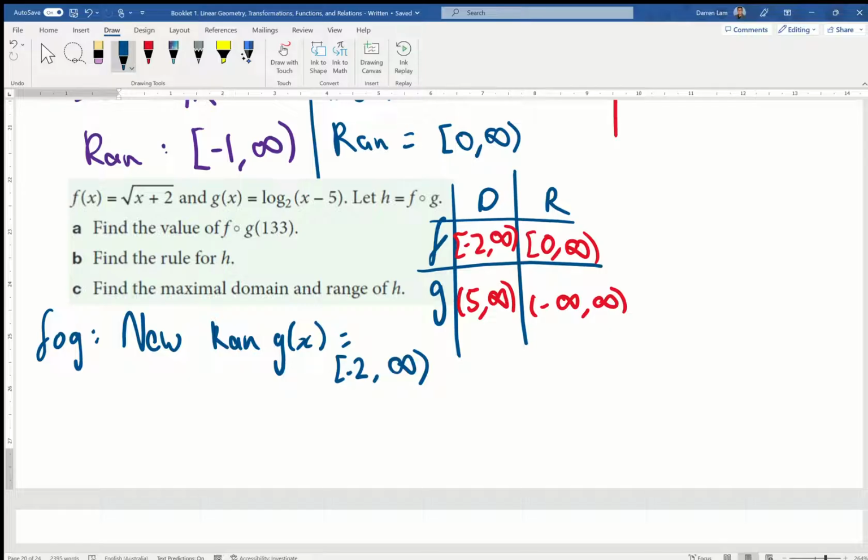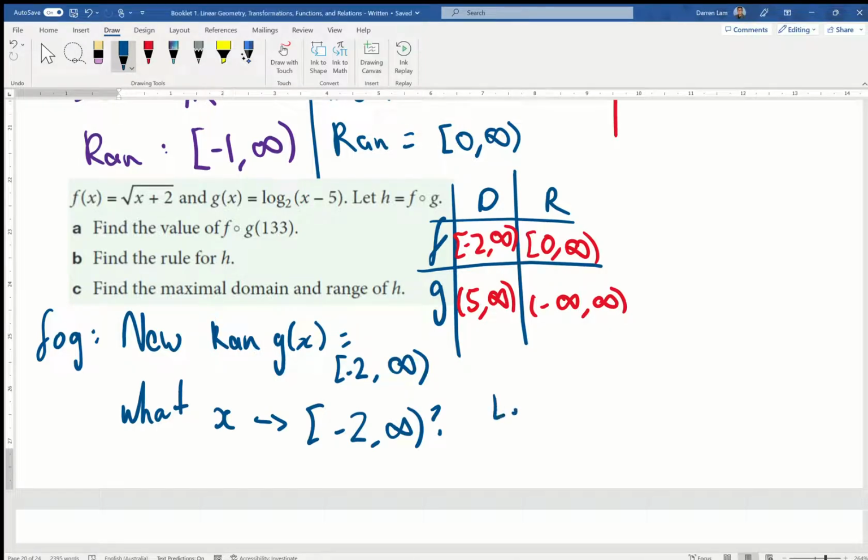So now, if I have this new range of g of x, I can safely say that the range of g, which is this new one, is a subset of the domain of f. Now, the question I'd ask myself is, what x values give me -2 to infinity for my original g of x?